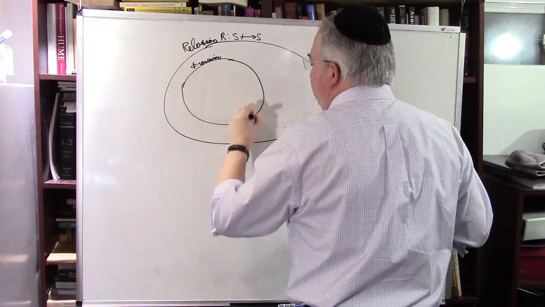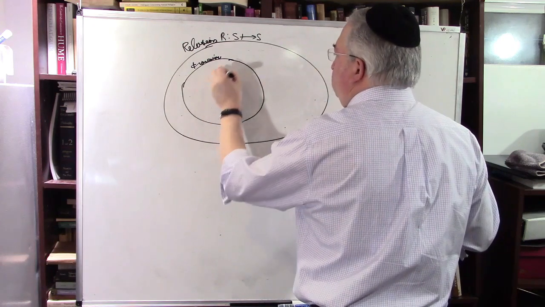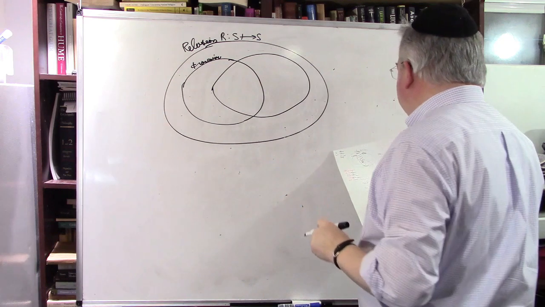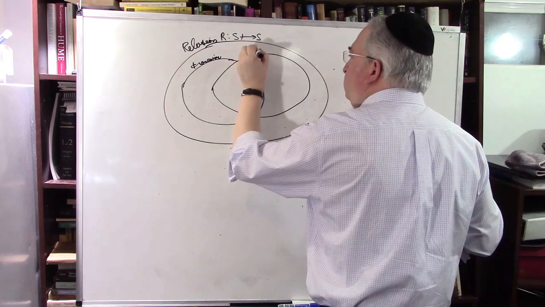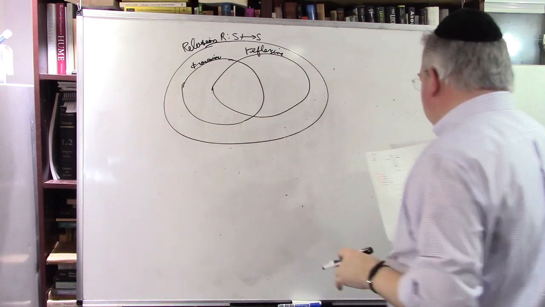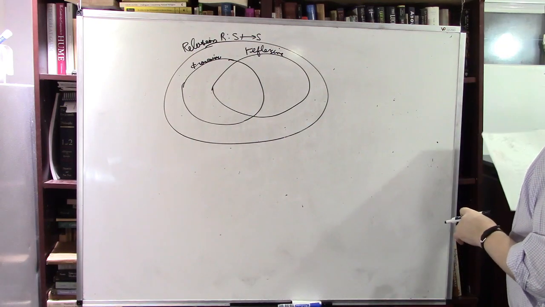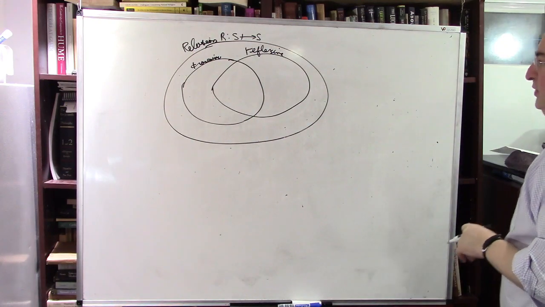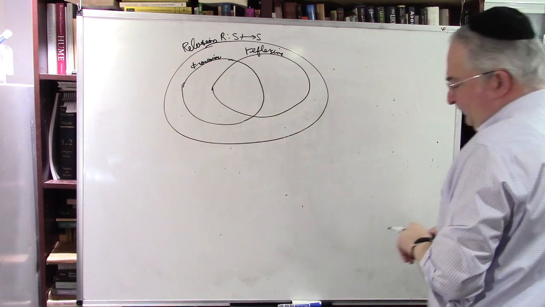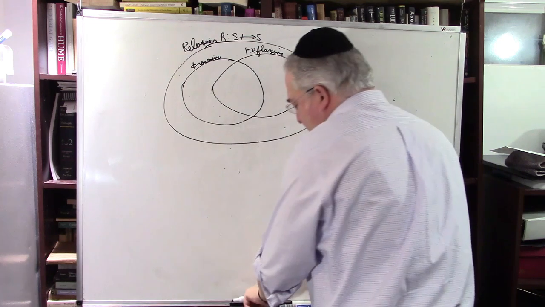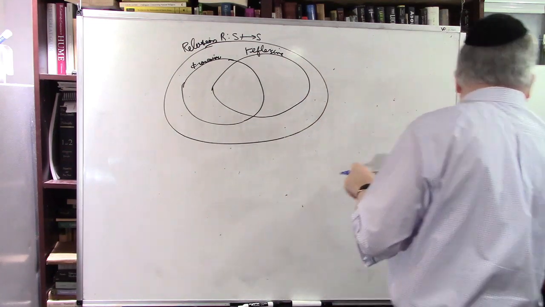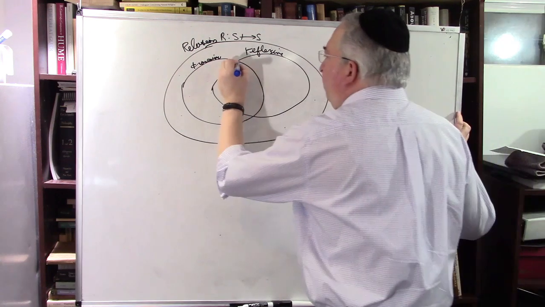Okay, so this is transitive, and this is reflexive. Great. Now, what do you call the overlap? What is a relation that's both transitive and reflexive? We call it partial order. I'm sorry, we call it a pre-order.